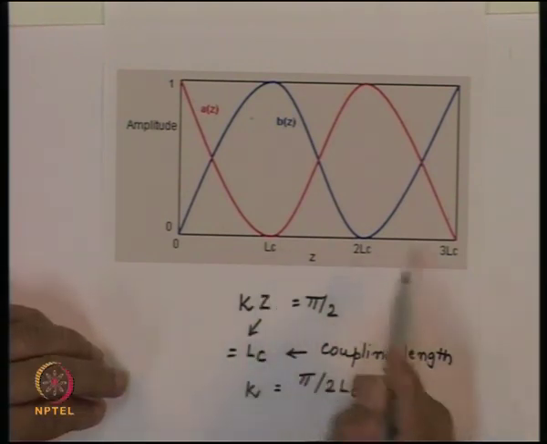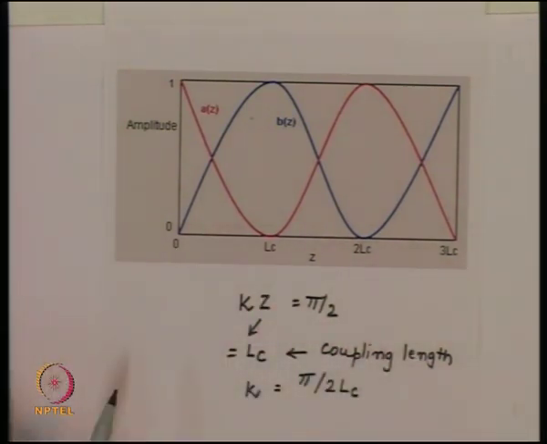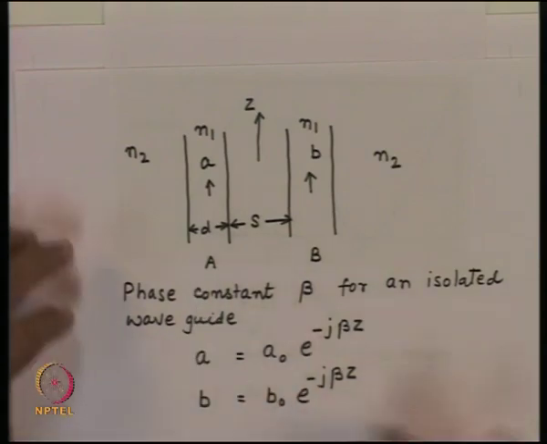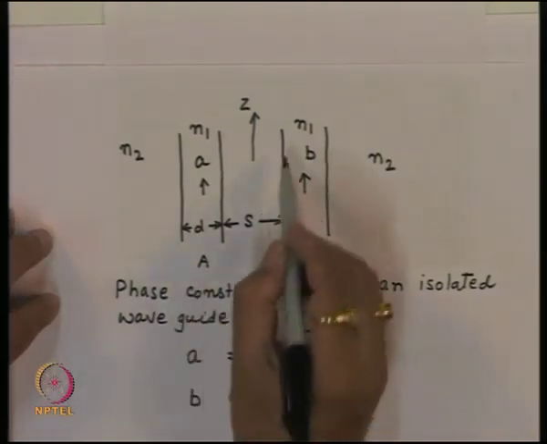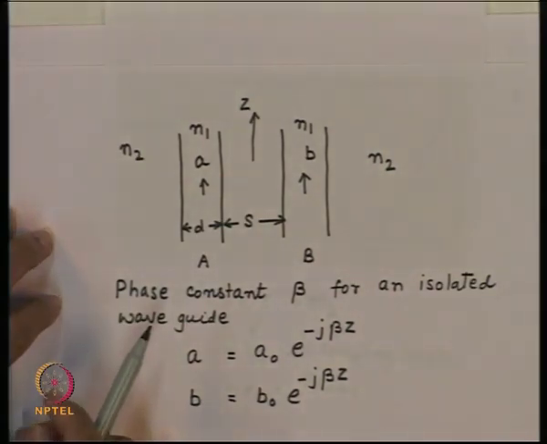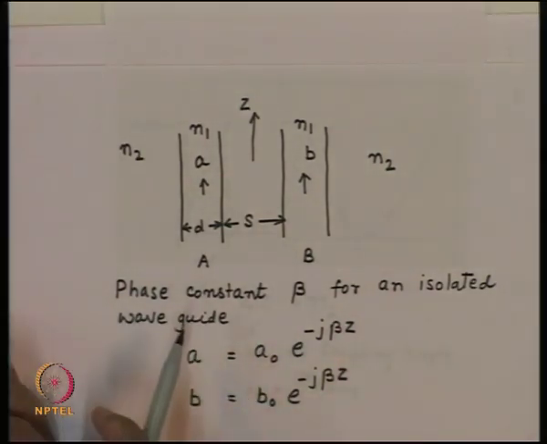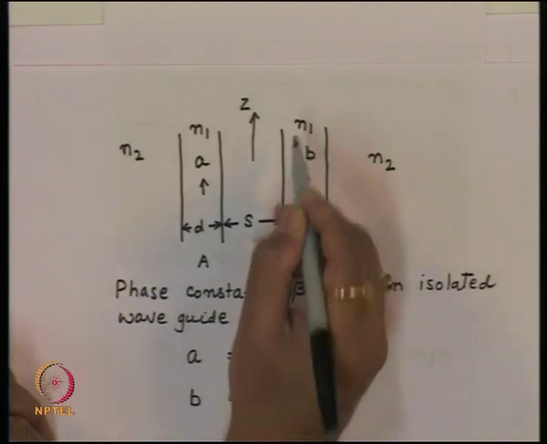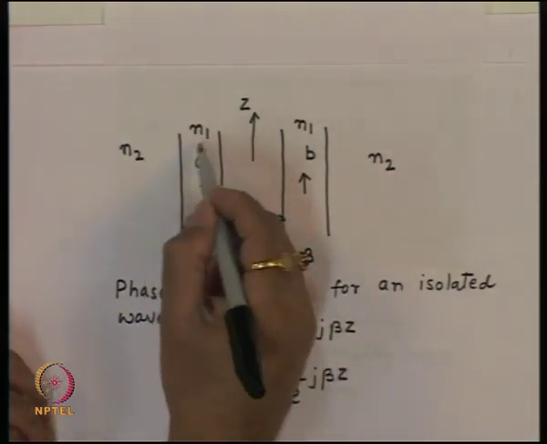Now if I let the interaction continue on these waveguides, then after a coupling length, the entire power is here now, and there is no power here. So the situation is exactly reversed, as if the waveguide is excited here with unity and there is no excitation here.